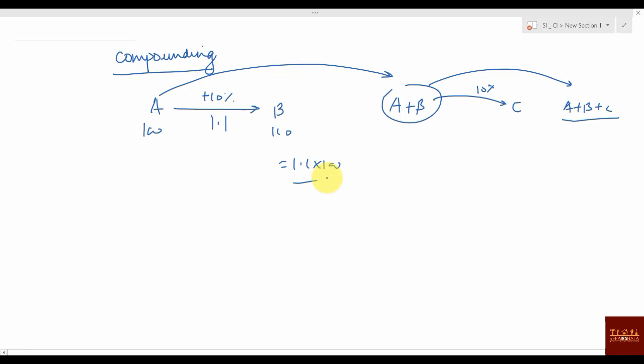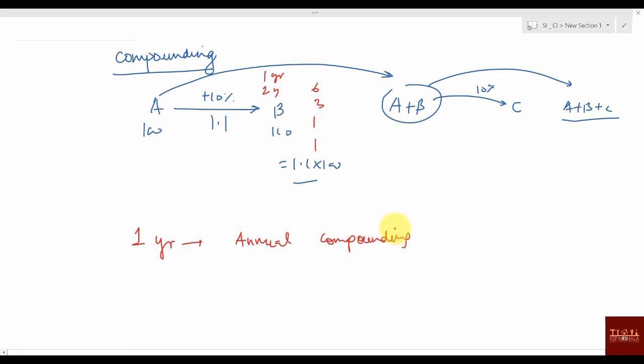Now this 10% increase could happen in 1 year, 2 years, 6 months, 3 months, 1 month, 1 day, right? If it is happening in 1 year, we call it annual compounding. When it is compounded in 1 year, the change is happening and added.